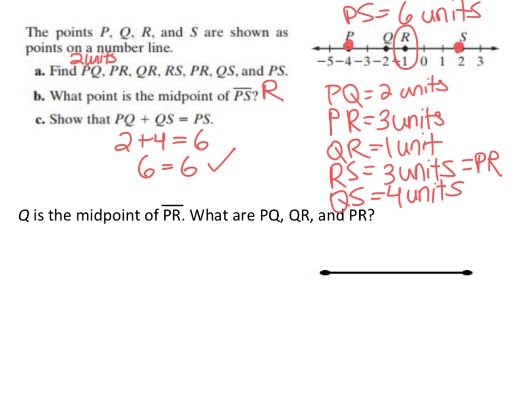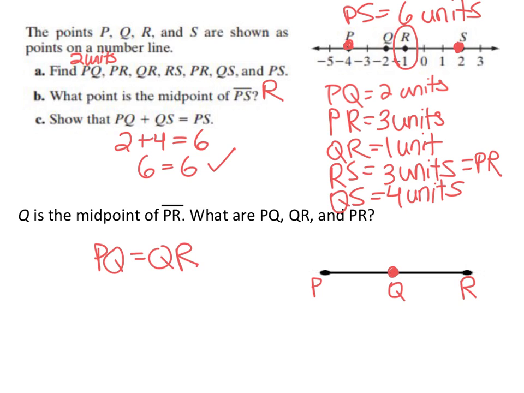If Q is the midpoint of PR, what are PQ, QR, and PR? So let me first label that this is point P and this is point R. Q is going to be my midpoint. That means that PQ has to be equal to QR.